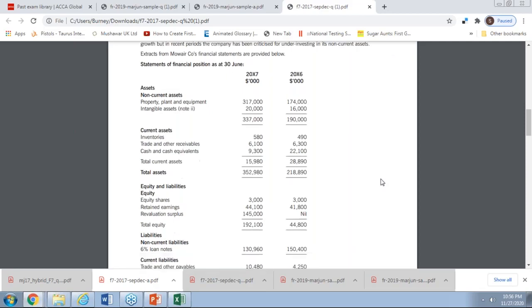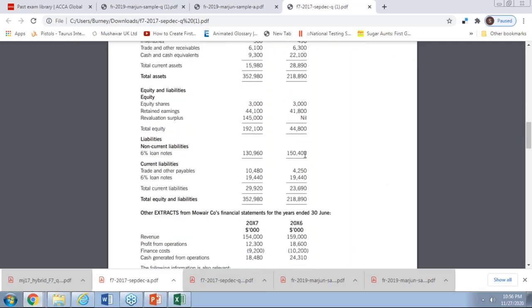And when you compare the debt and the equity, in the last year we had equity of only 44,000, and the debt is 1,50,000. It says that the loan provider has invested more in Moyer as compared to the shareholders.